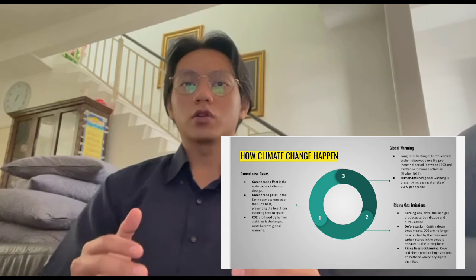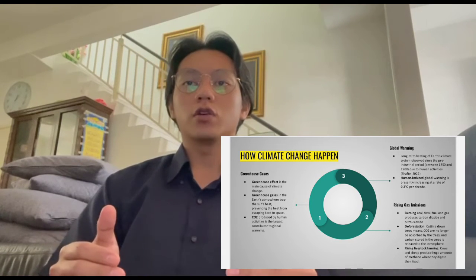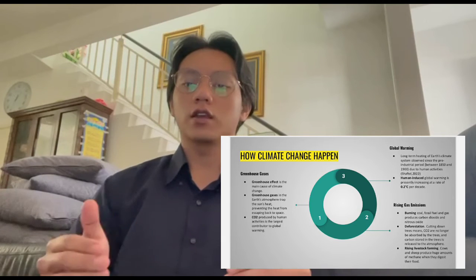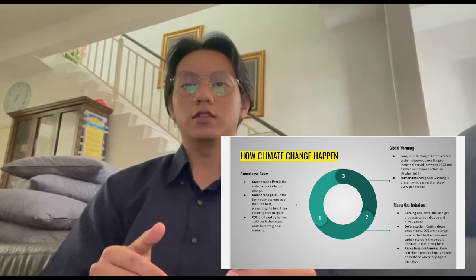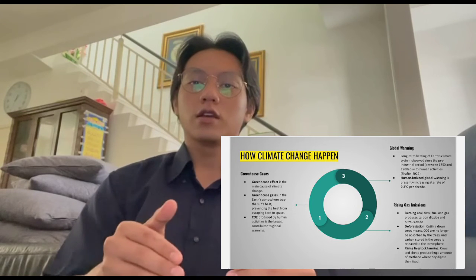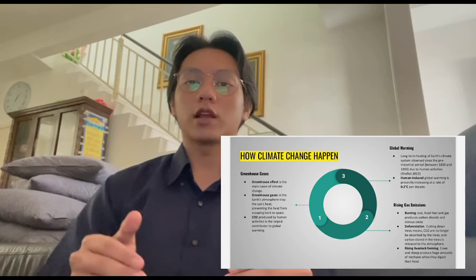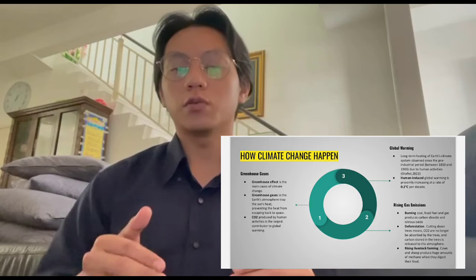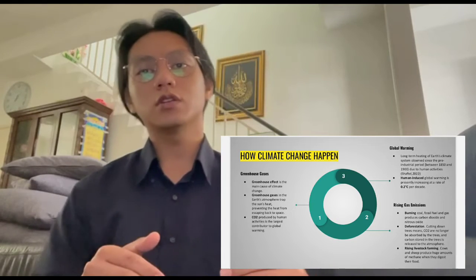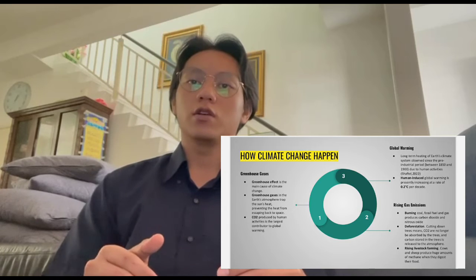So what can cause climate change? It's because of some energy that is added to the system. Heat is energy, and when heat is applied to the system, we are going to have climate change. What caused the temperature to increase? Human activities.